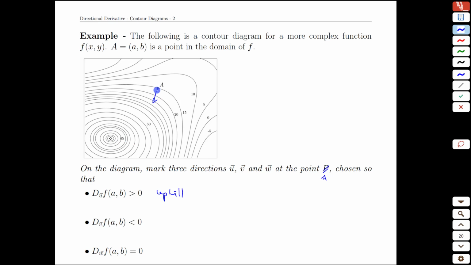If we were to go in this direction, or this direction, or this direction, all of those would correspond to uphill directions. Correspondingly, we can talk about downhill directions. Pretty much any direction in that orientation or that half of the plane would satisfy the slope of our function in the direction of v being negative.